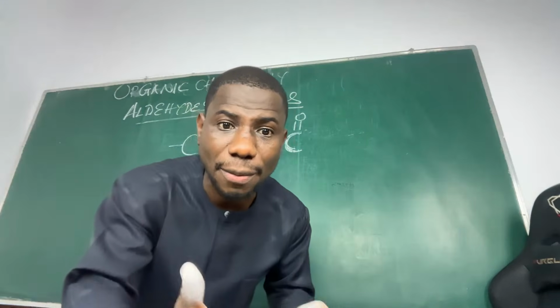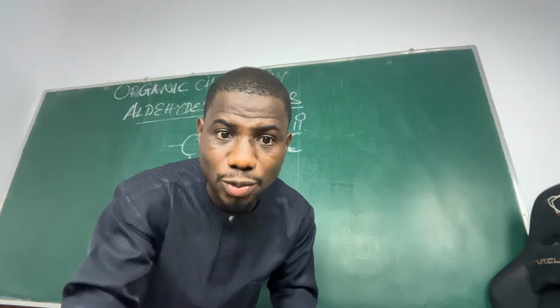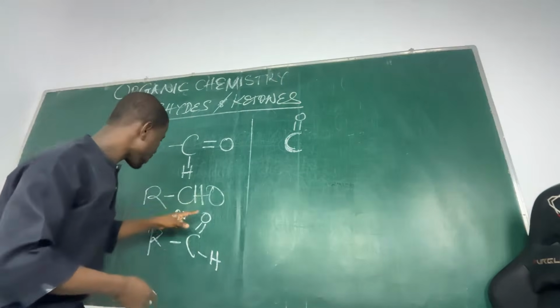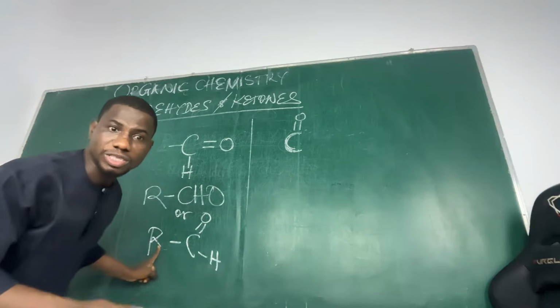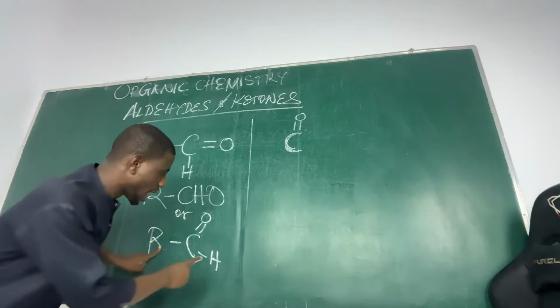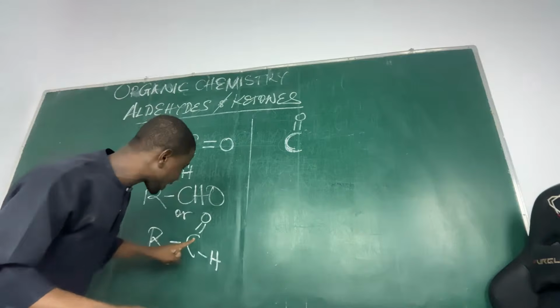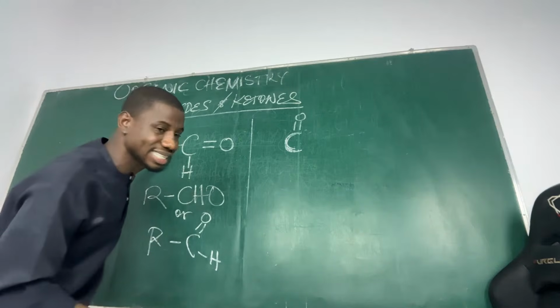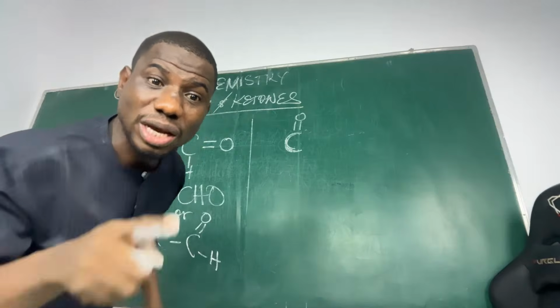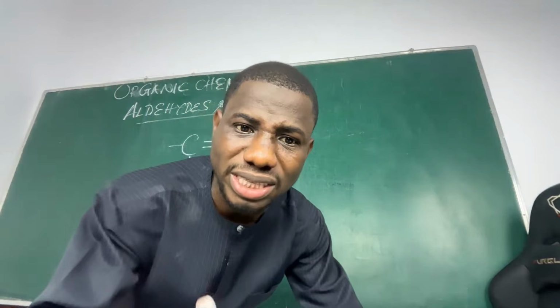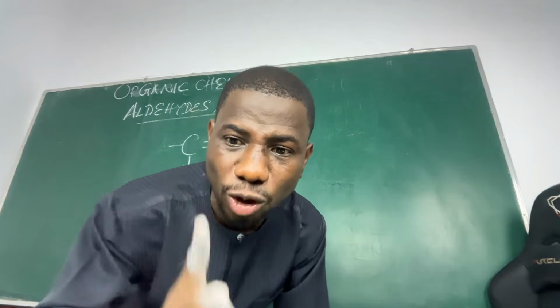Alkyl groups are made of carbon. That means the carbonyl group is bonded to an alkyl group, which is a carbon chain, and hydrogen. Once the carbonyl group is bonded to hydrogen, it is an aldehyde. When the alkyl group is saturated, it is an alkanal. That's why I say that once we have a saturated aliphatic aldehyde, we call it an alkanal.